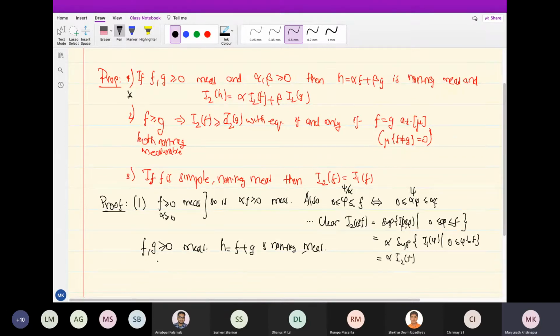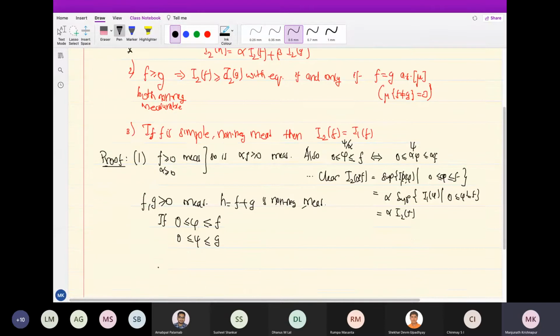Now, one way is clear, so can we do it like this? To calculate I2 of h, I have to take simple functions sandwiched between 0 and h. For I2 of f, I do the same with simple functions sandwiched. So let's say 0 less than or equal to phi less than or equal to f, and 0 less than or equal to psi less than or equal to g.